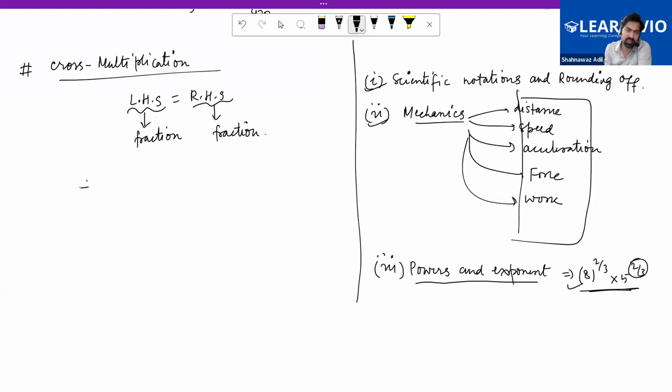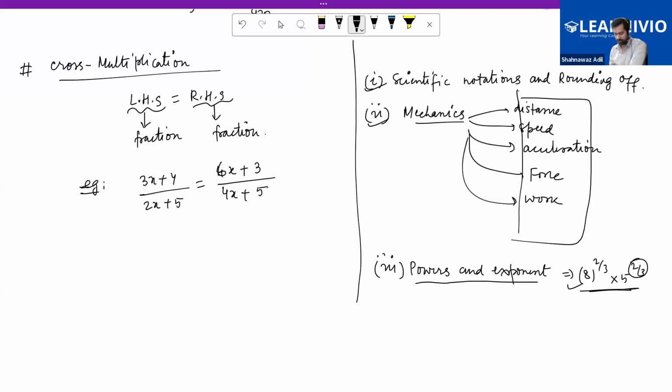Let's say we have 3x plus 4 divided by 2x plus 5, and this is equal to, let's say, 6x plus 3 divided by 4x plus 5.